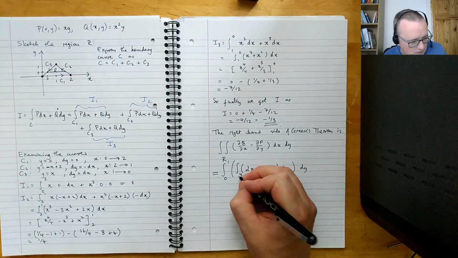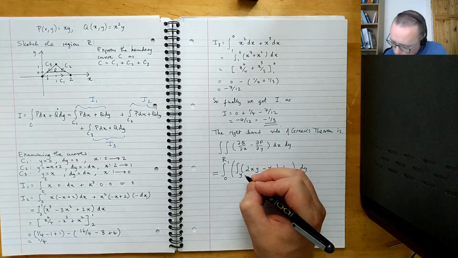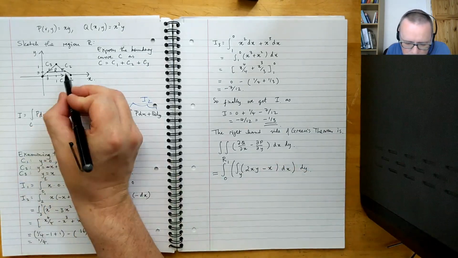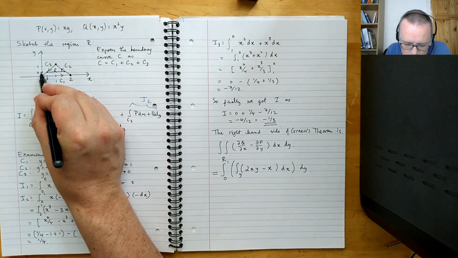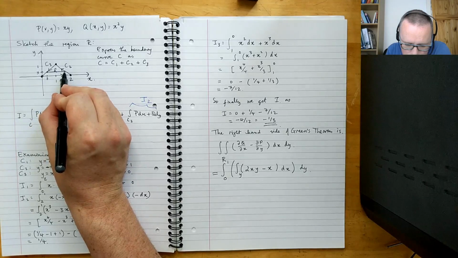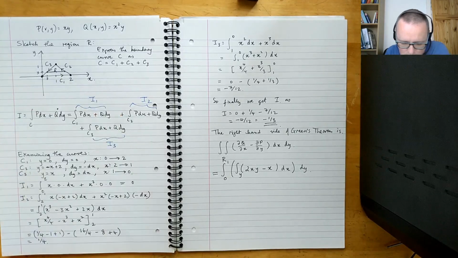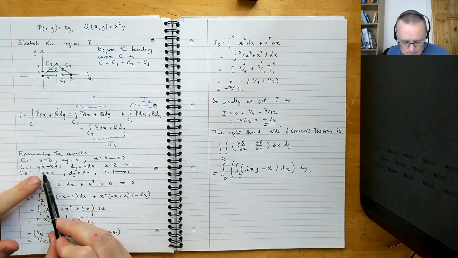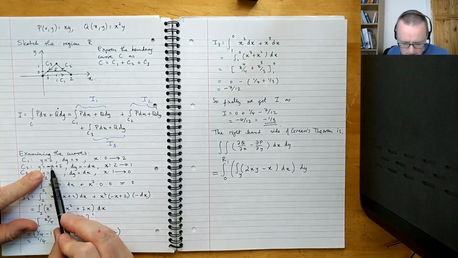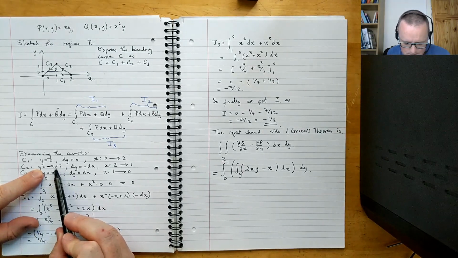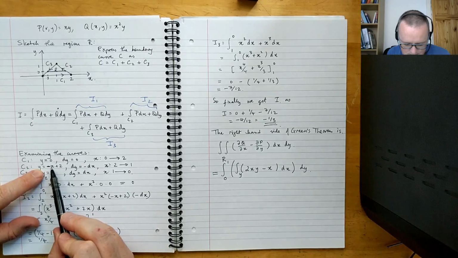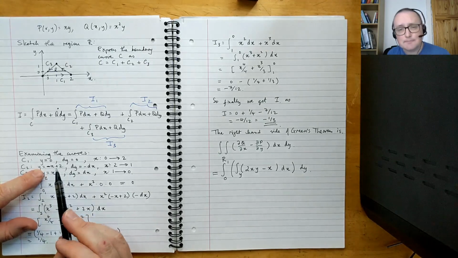So we're integrating from y here. And what's the upper limit? Well, if this vertical coordinate is y, what's the x coordinate of that point there? Well, you look at the equation for C2. It's y equals minus x plus 2. So make x the subject. So x is 2 minus y.